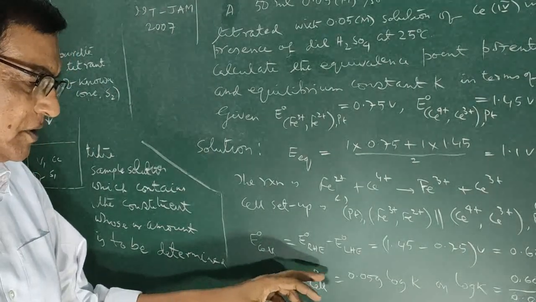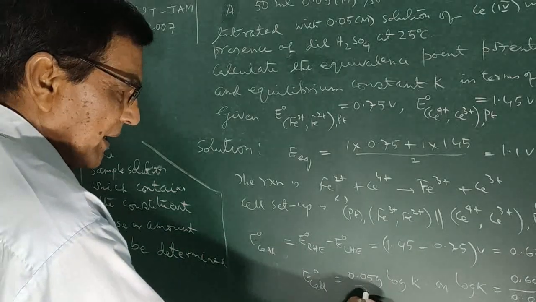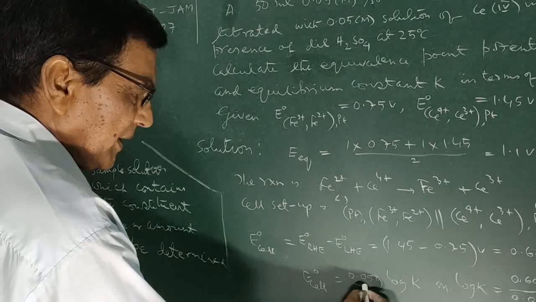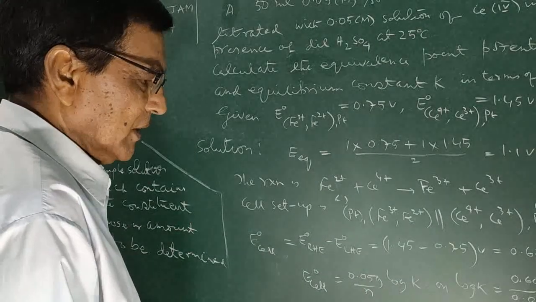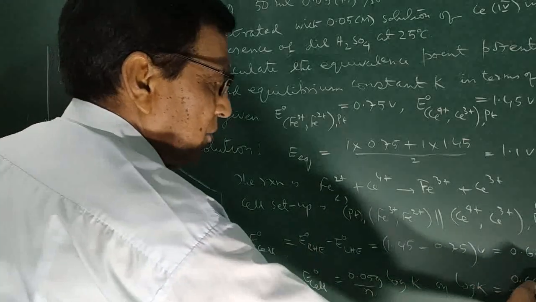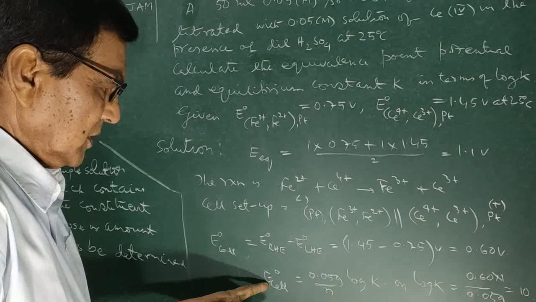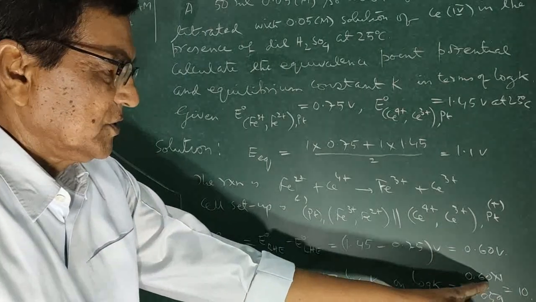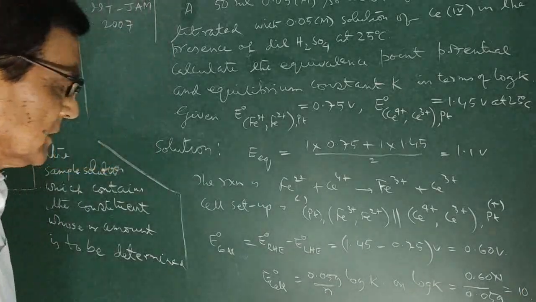With the standard formula and N equal to 1, log K equals 0.60 into 1 divided by 0.059, almost equal to 10.